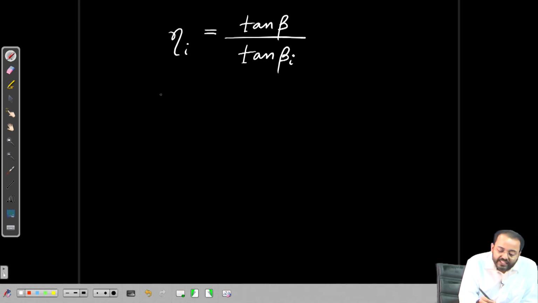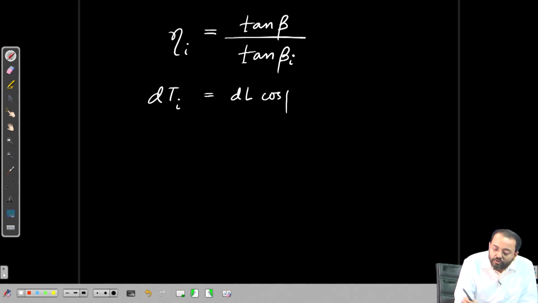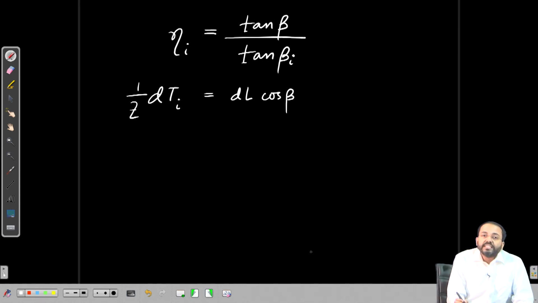Now, remember one thing, in the thrust we have only considered the ideal component. Okay. Similarly, which is the part dl cos beta, right, 1 by z dT. Similarly, we will have a component from the drag. Okay.